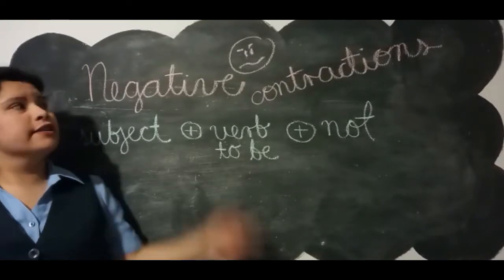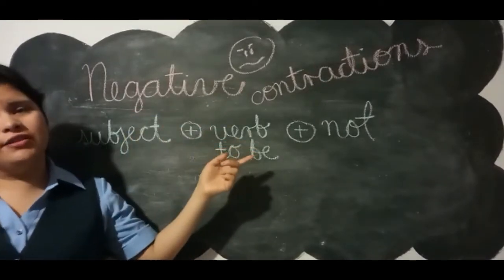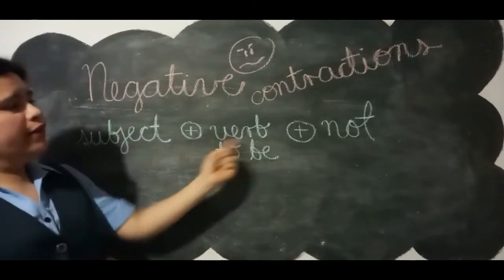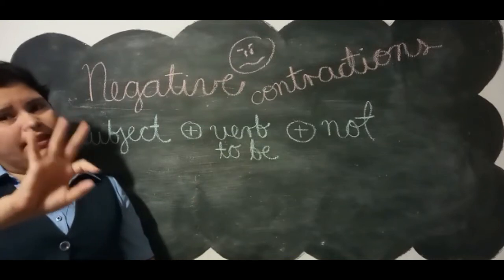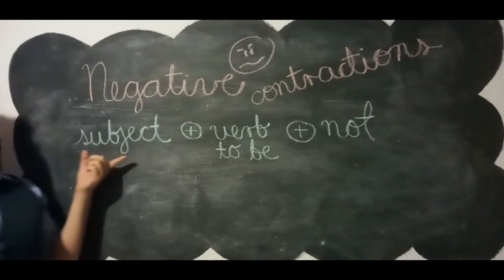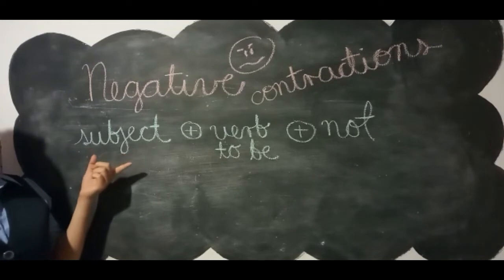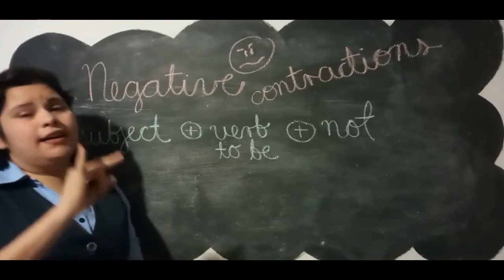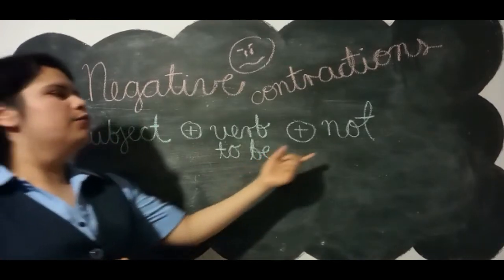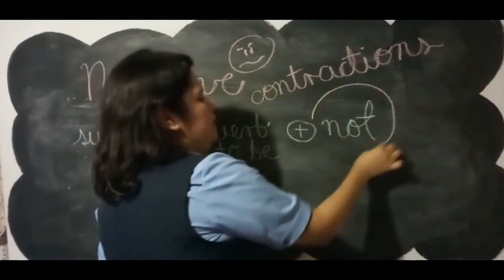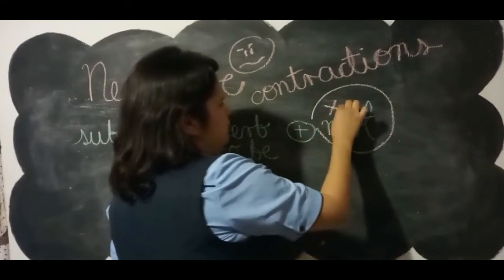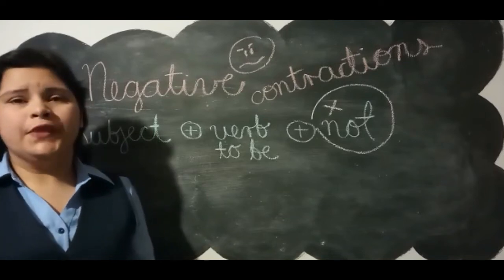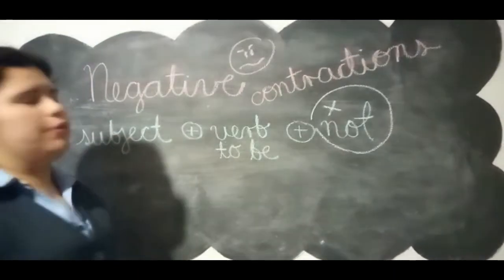Now let's start with negative contractions. Okay? So for this we will need 3 elements: the subject, that we used already, the verb to be, that is, are or am, and the word not. That is going to be our negative part. Okay, so let's make the first example.